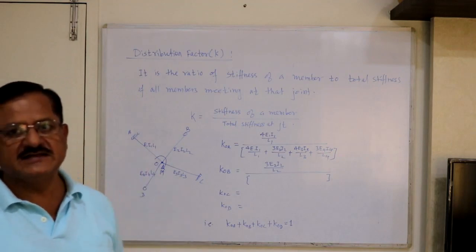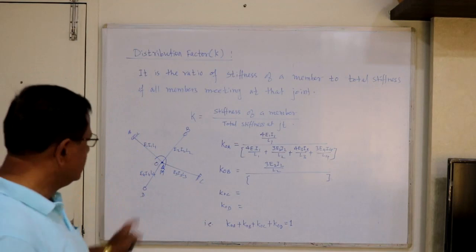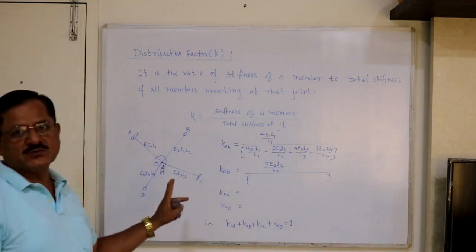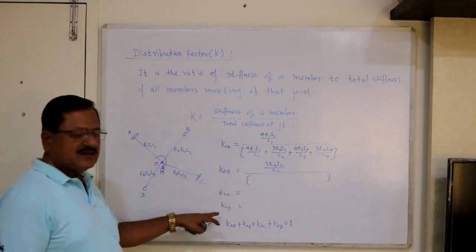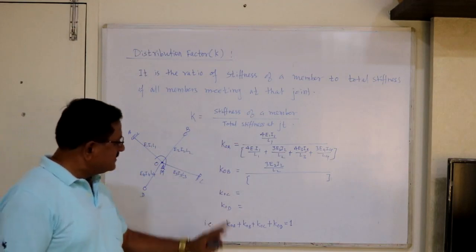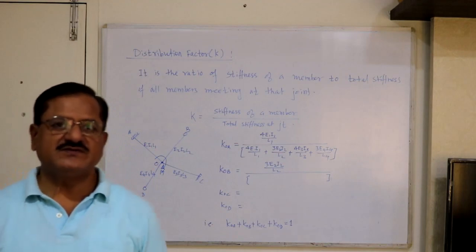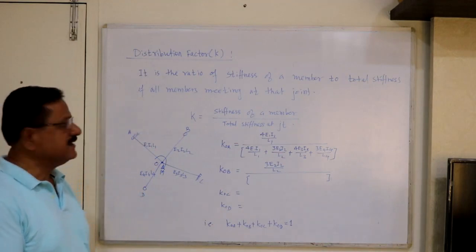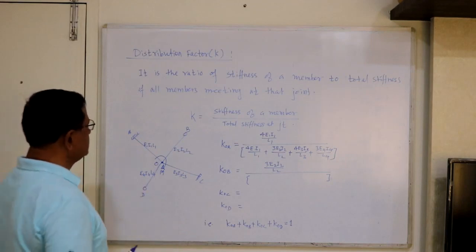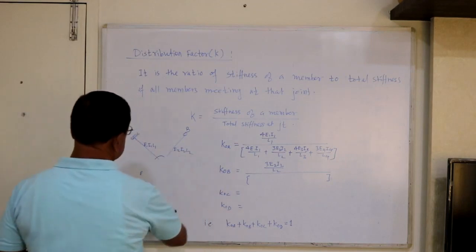So directly you will get the second distribution factor if the members are only 2. For more members, you work out this way, and check that the total sum of the distribution factors at the joint must be equal to 1. So this way the distribution factors are to be calculated.